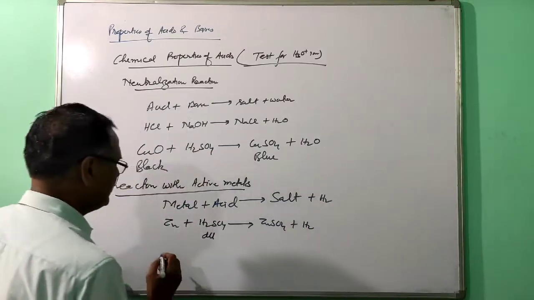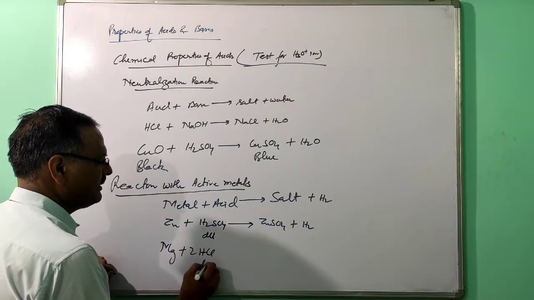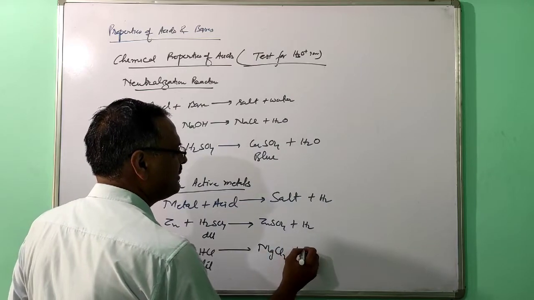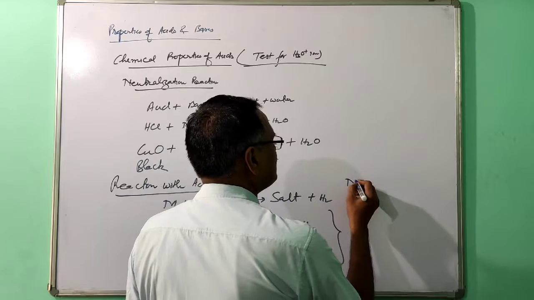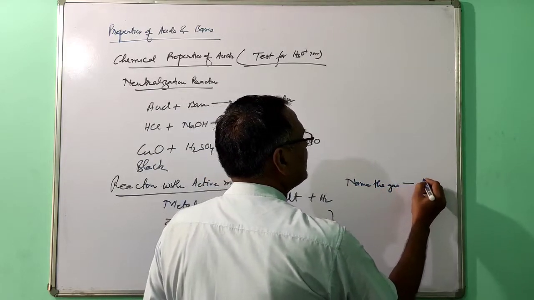In the same way, magnesium reacts with dilute HCl to form magnesium chloride and hydrogen gas. So here the question can be asked to you, name the gas. What will you write as the answer?